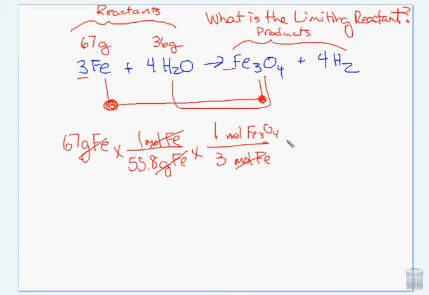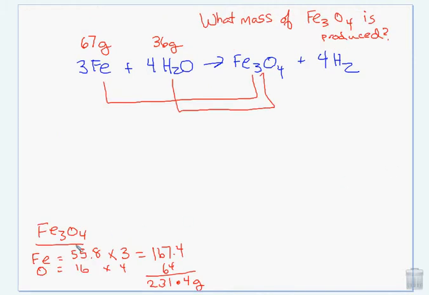Really, I'm going to go to the next step just so you can see it, to go up to grams. The molar mass of Fe3O4, I've already found right here. I just looked these up.